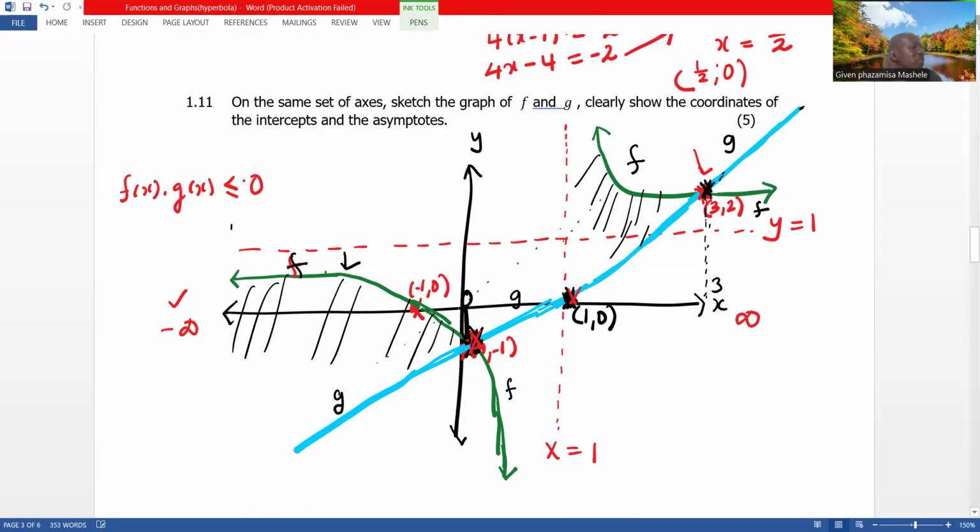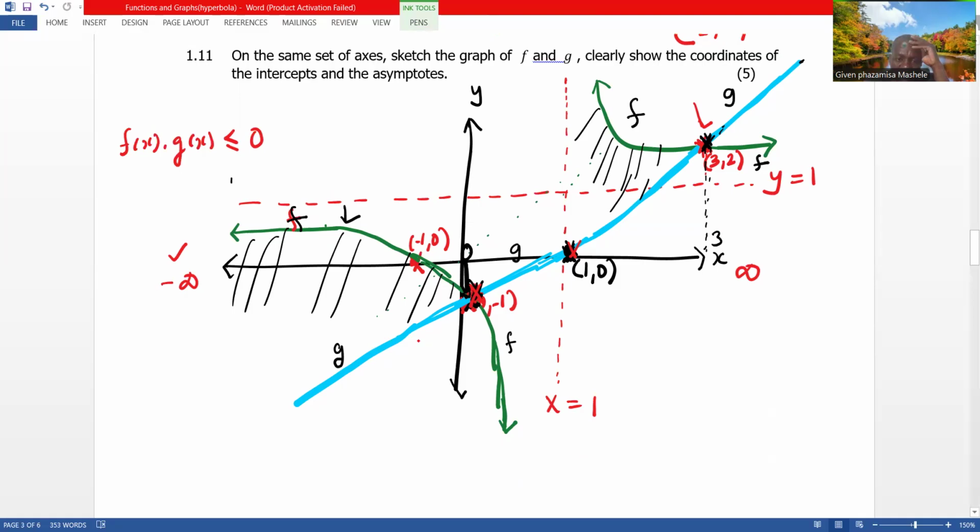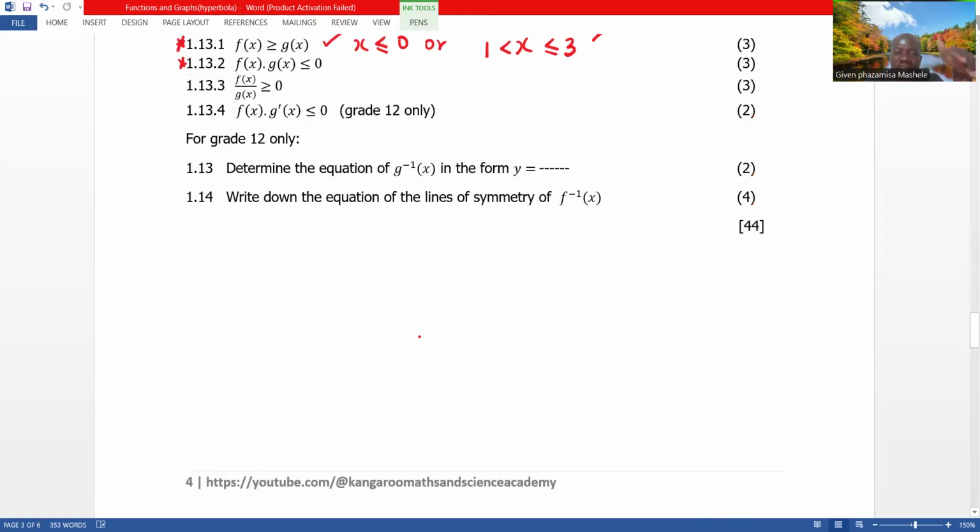And what does this mean? When we say f of x times g of x is less than 0, it means we want to determine the value of x where one is positive and the other one is negative, because less than 0 means we're looking for negative values.